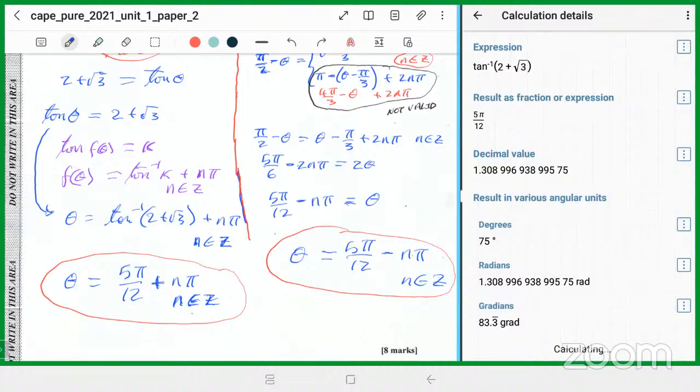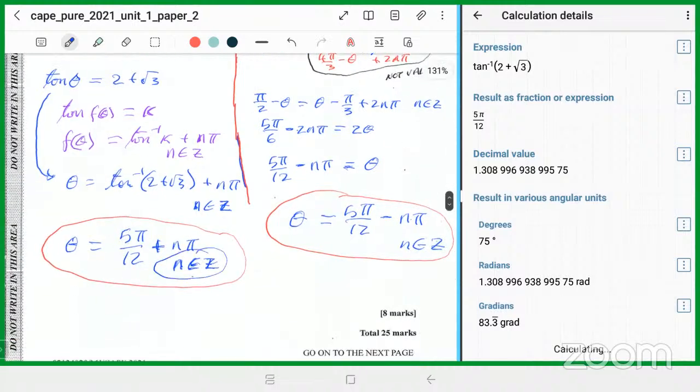Yes, they are the same because n is an integer. An integer is a positive or negative whole number. So over here, so for example, when the n equals -1, over here, so the n equals +1. They're going to give me the same value. So what -1 gives me over here, +1 gives me the same thing over there, and vice versa. You get me? And the n can be any integer.